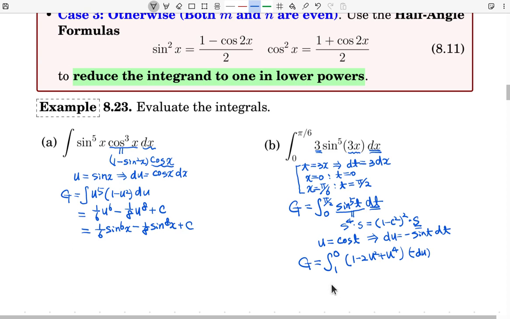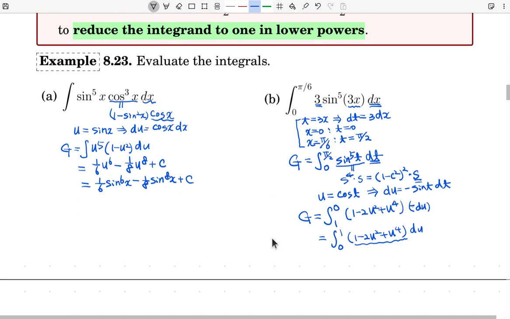So you may rewrite this one with this negation, and changing the lower and upper bounds will cancel it out, so that from 0 to 1, 1 minus 2u squared plus u to the 4 du. Now from now on, the integration is a piece of cake. You can finish it yourself.